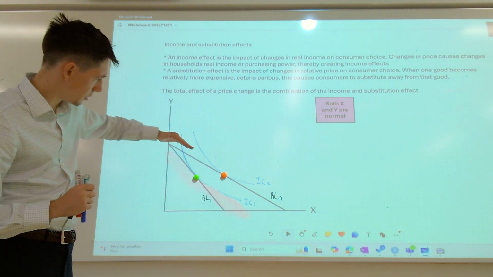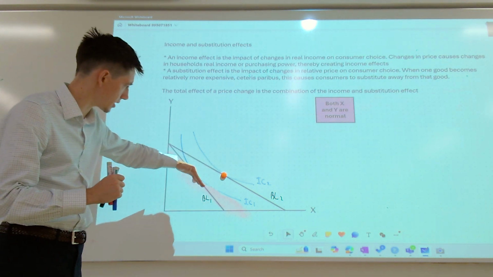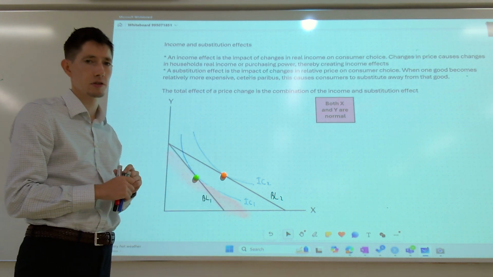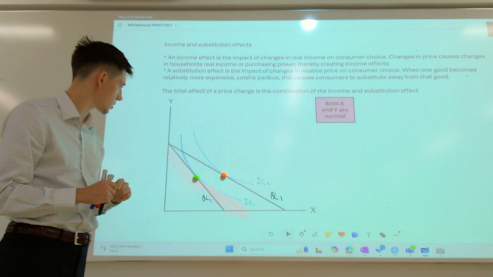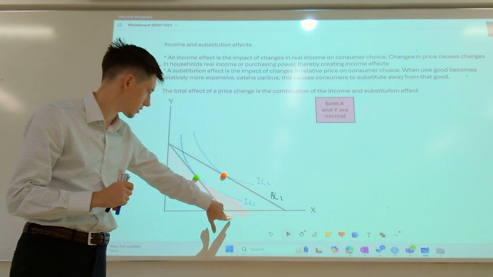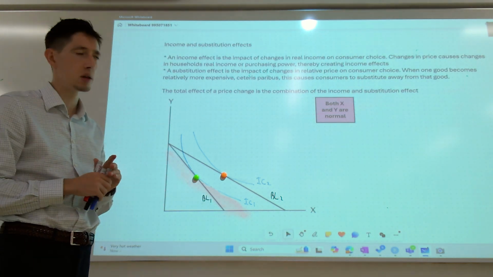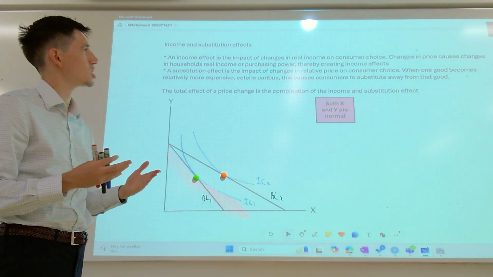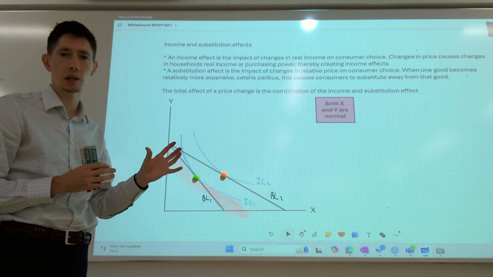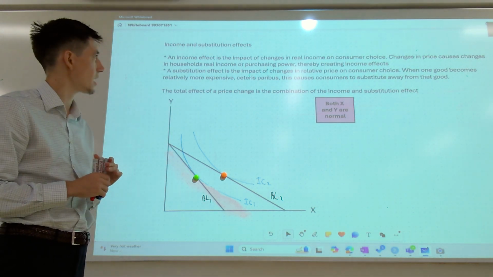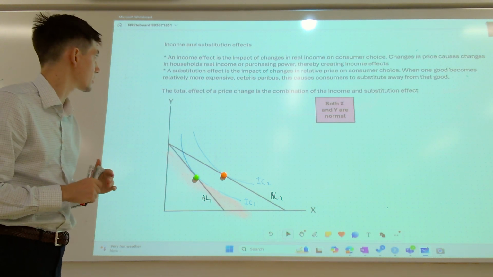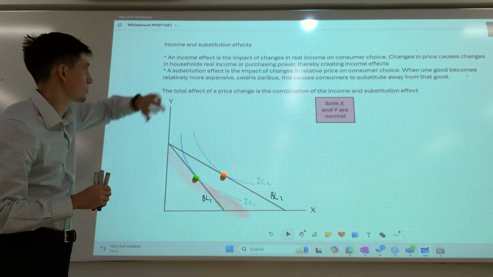But the other thing to notice is that your consumption possibilities expand in both directions. So it becomes possible to buy more units of Y, even though X is the thing that has become relatively cheaper. So in this sense, you are richer in real terms, assuming your nominal income is unchanged when X becomes relatively cheaper. Okay, so that captures the idea of an income effect.